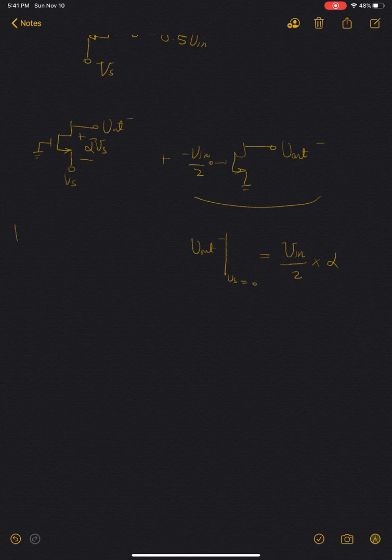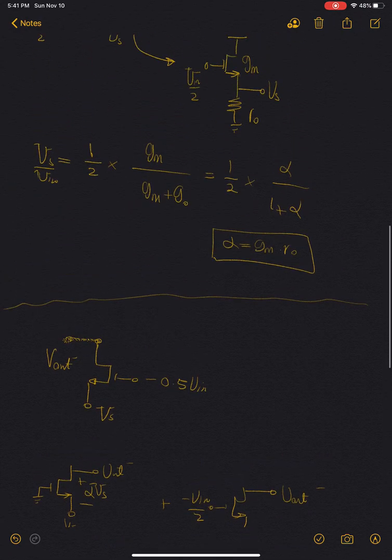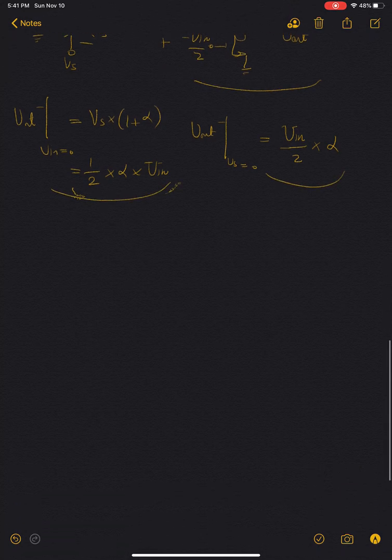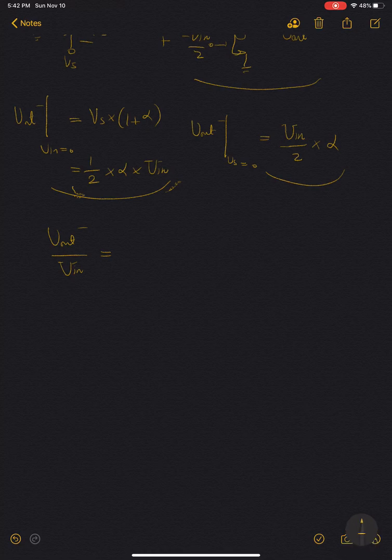So as a result, V out minus is Vs multiplied by 1 plus alpha, which can be written using this information. So we need to add these two together. So V out minus divided by V in is alpha.